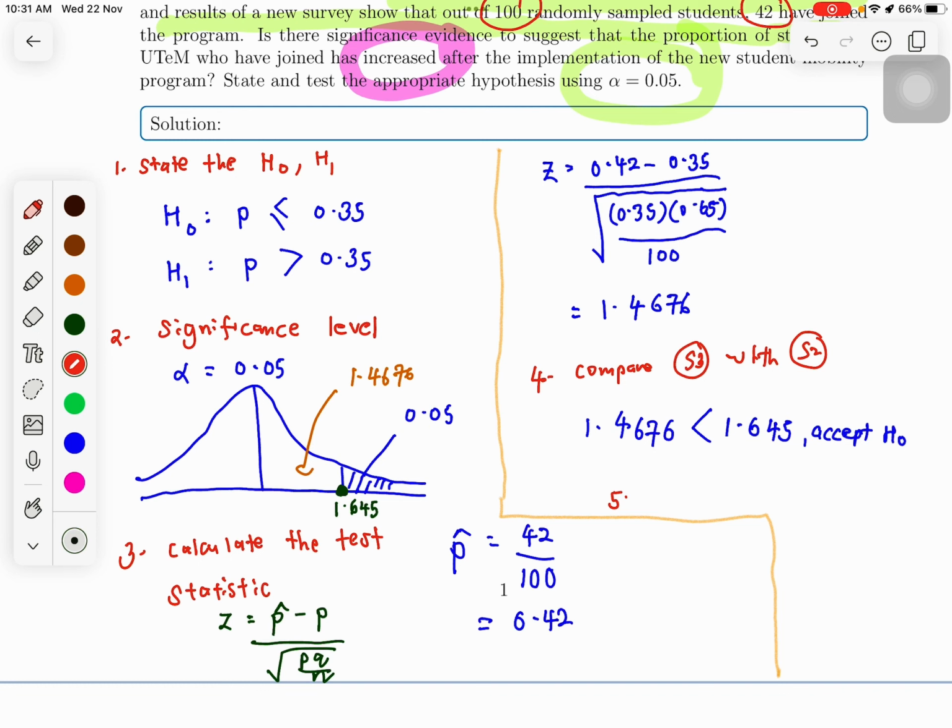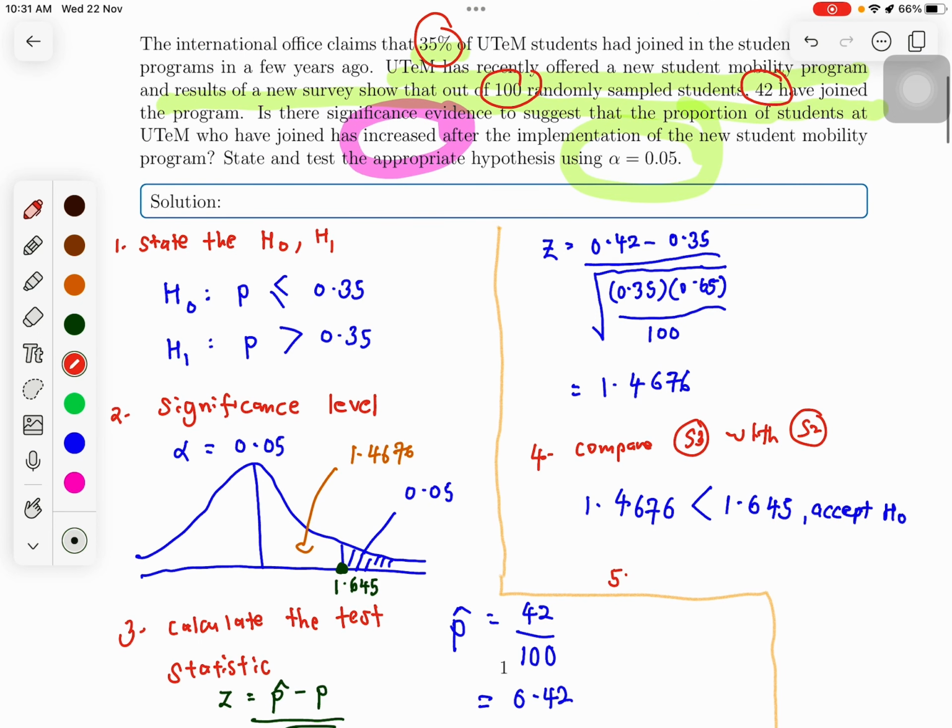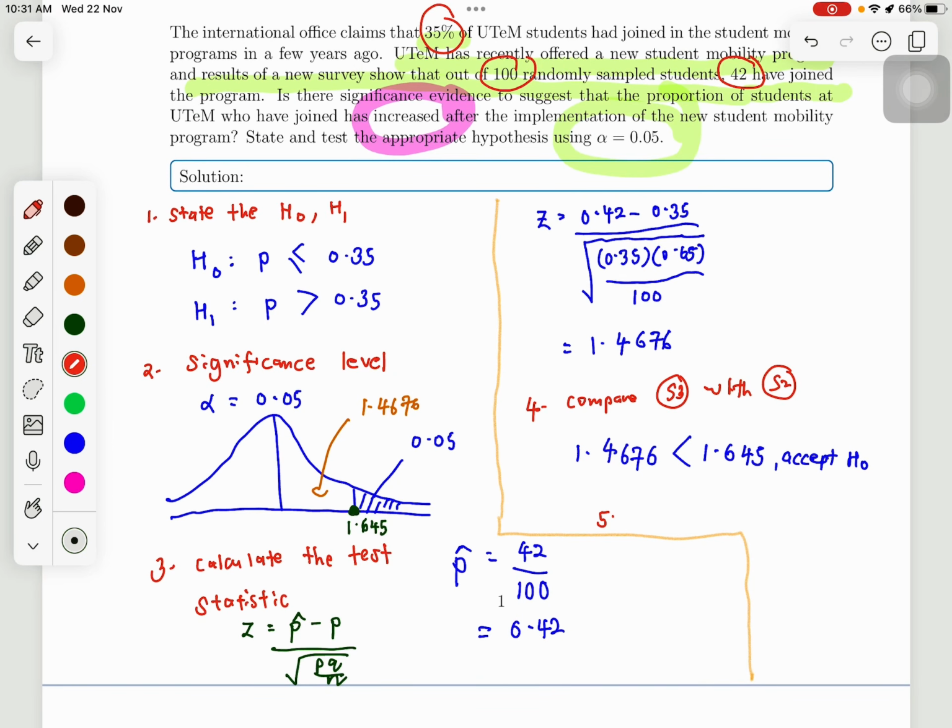And the last step, the fifth step, is the conclusion based on the question, because they ask you, is there significant evidence to suggest that the proportion of students at UTM who have joined has increased? Since we accept H0, we reject the alternative, right?